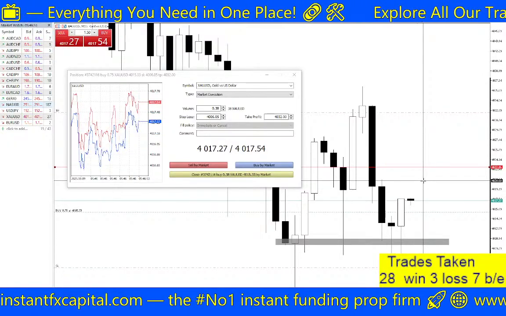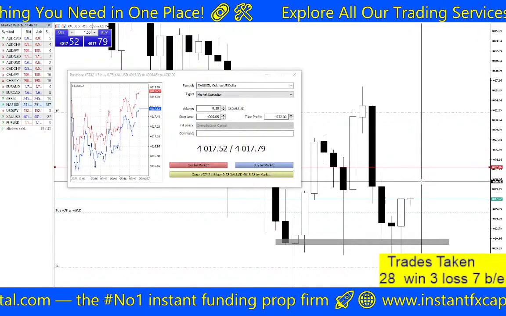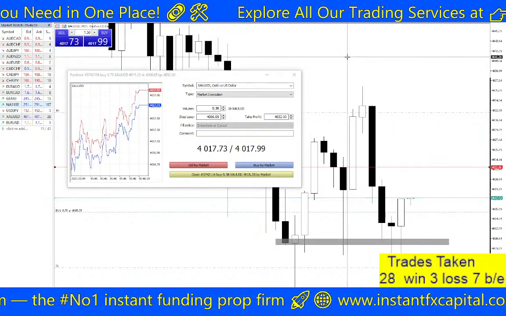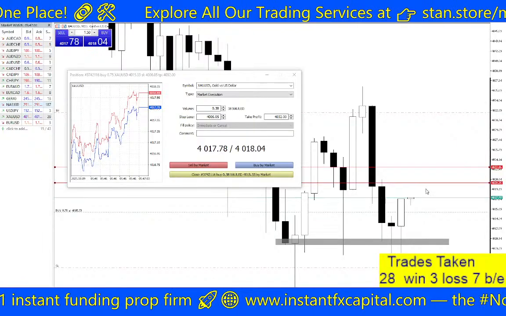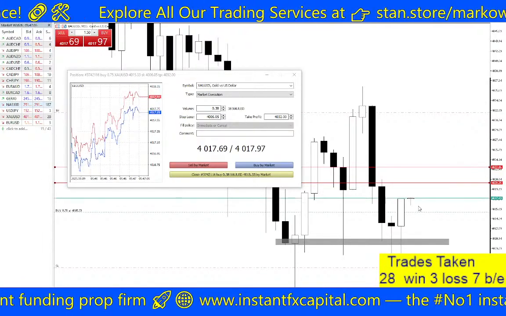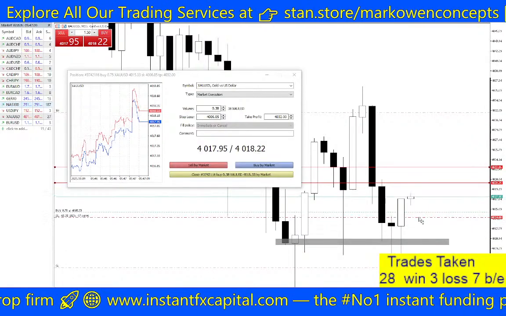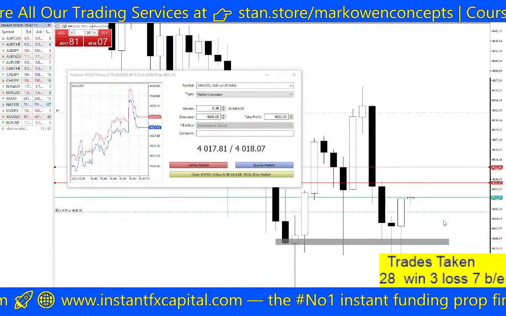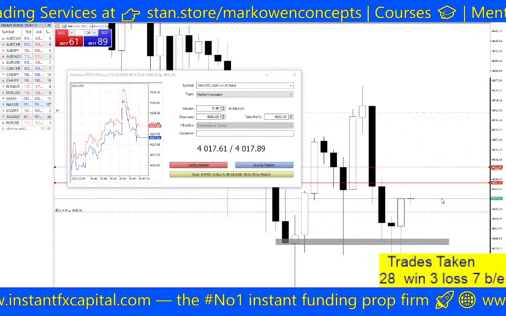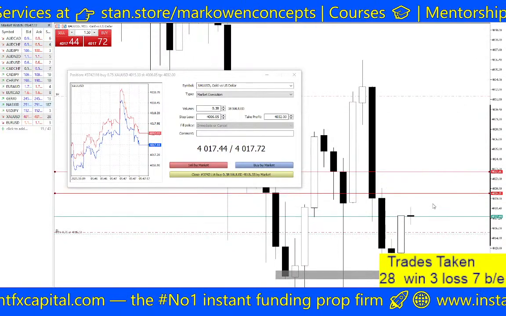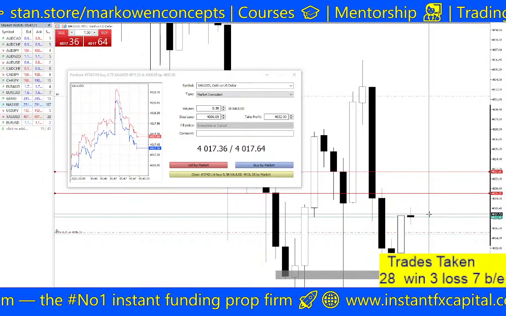$20.6. Right, I'm just going to put a 50-point marker on. There we go. So I've now moved my stops to break even. Don't.